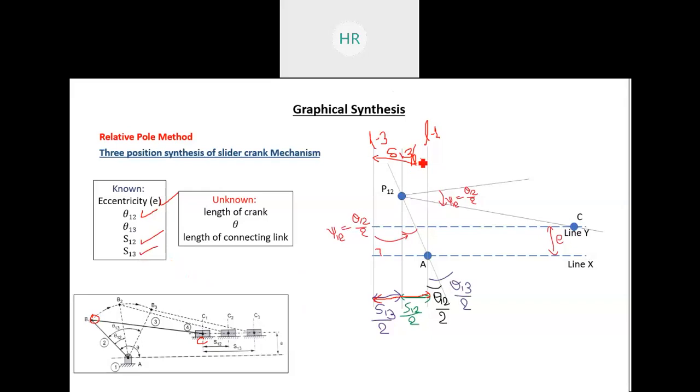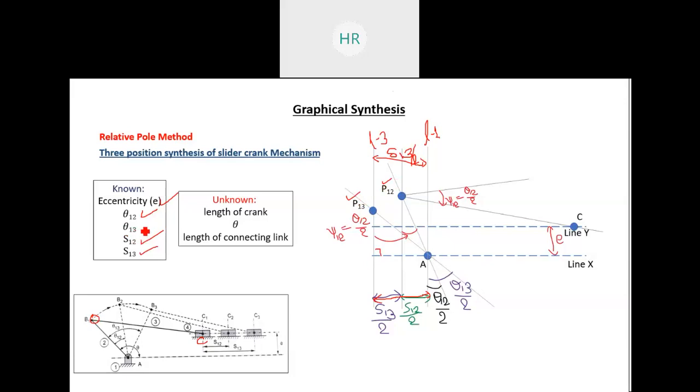Then from line number 1 at an angle theta 13 by 2, we'll draw a line passing through A, and this line intersects line number 3 at P13, that is another pole. So for three position synthesis, we will have two poles, P12 and P13.